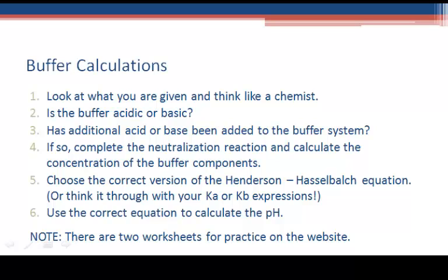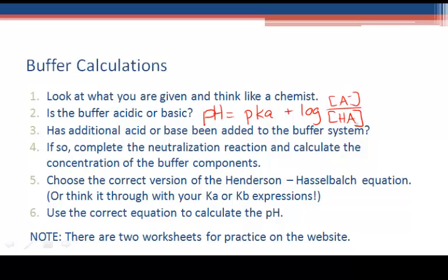We want to think about, is the buffer acidic or basic? You can think about your Henderson-Hasselbalch equation: pH equals pKa plus the log of the conjugate base over the acid, or the similar expression using pKb.